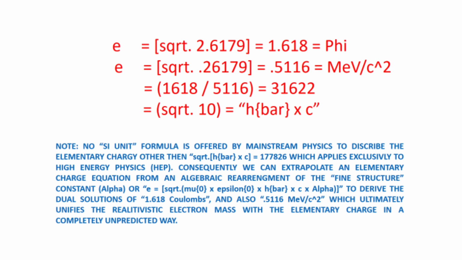These two solutions not only reveal a correlation between the elementary charge and phi, which infers the fundamental nature of its value, but also reveal a correspondence to the relativistic electron mass of 0.5116 mega-electron-volts over c squared using the square root 10 decimal shift.